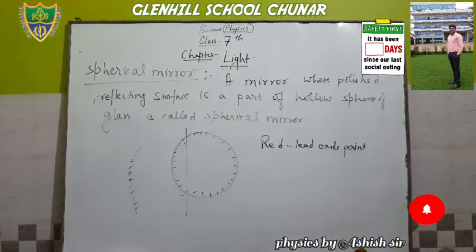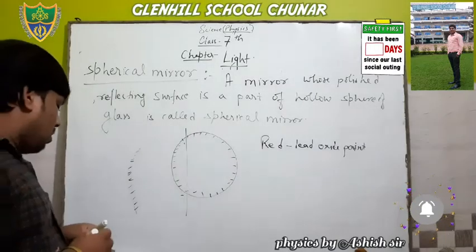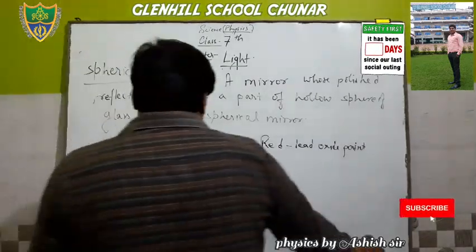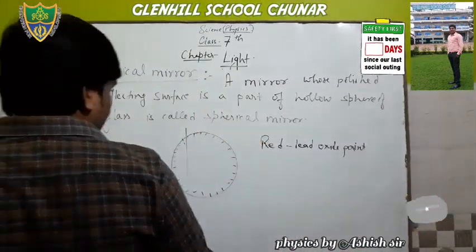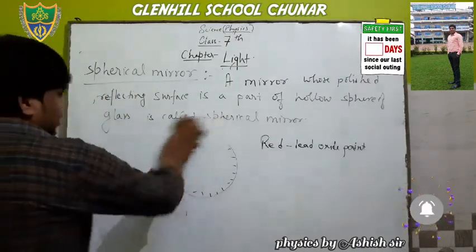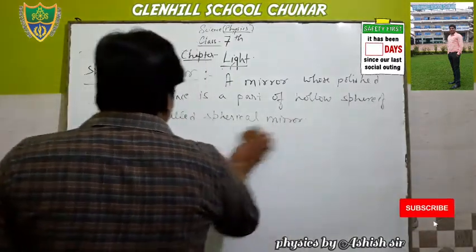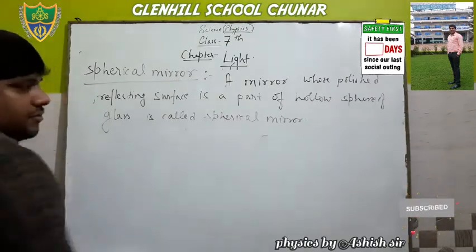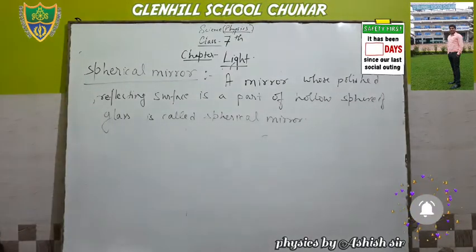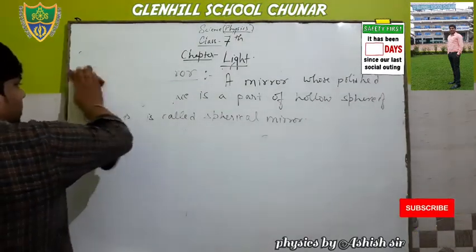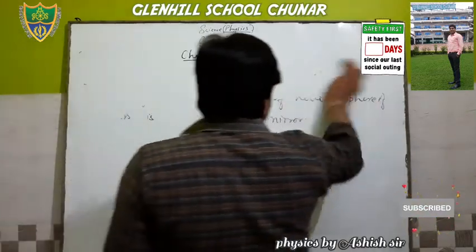Reflecting surface. Okay. Now, depending upon the nature of the reflecting surface of the mirror, the spherical mirror is of two types. On the basis of their reflecting surface, the spherical mirror is of two types. So write down the types of spherical mirror.